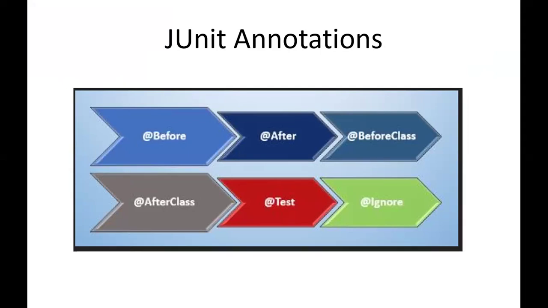That means it gives instruction to the compiler that it is an annotation. At Before, At After, At BeforeClass, At AfterClass, At Test, At Ignore are all the basic annotations used in JUnit.